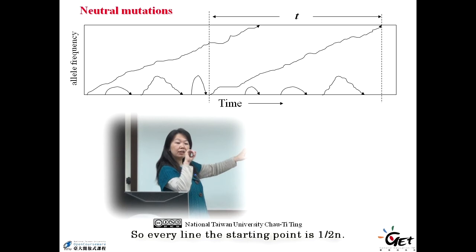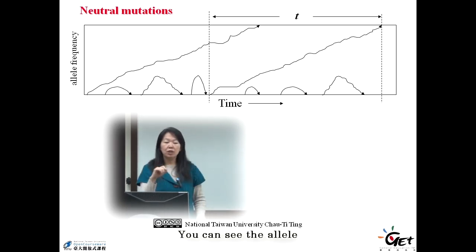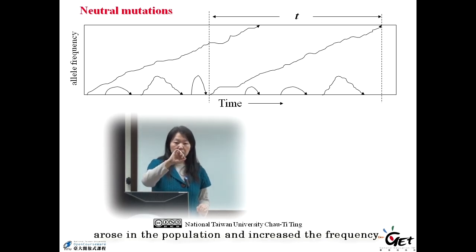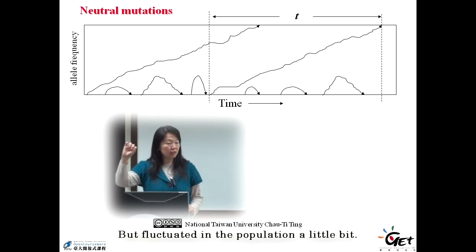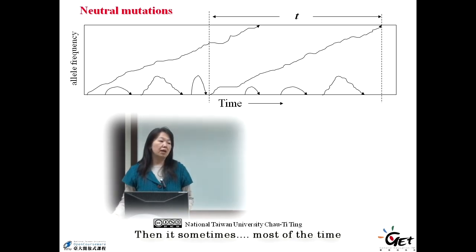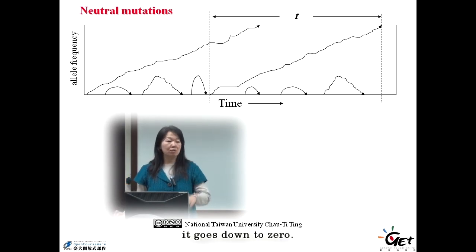In every line, the starting point is 1/2n, and you can see the allele arose in the population and increased in frequency, fluctuating a little bit, but most of the time it goes down to 0.